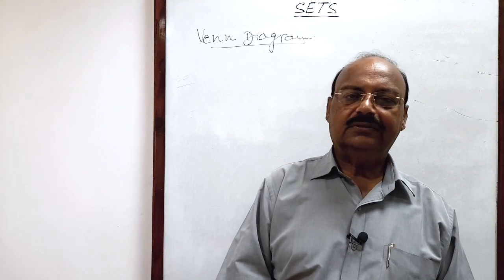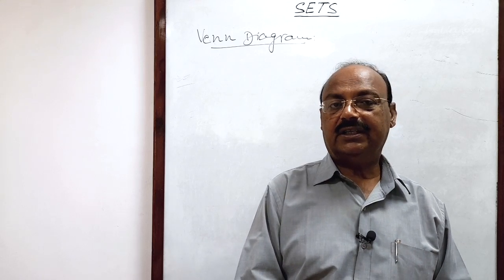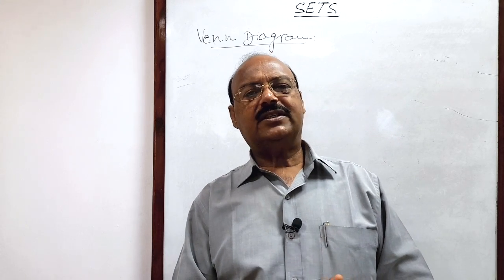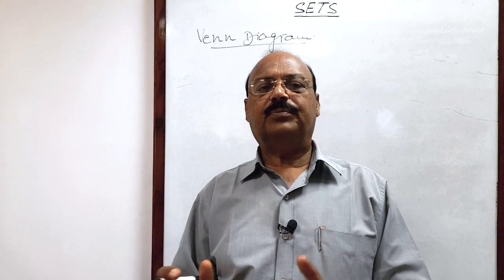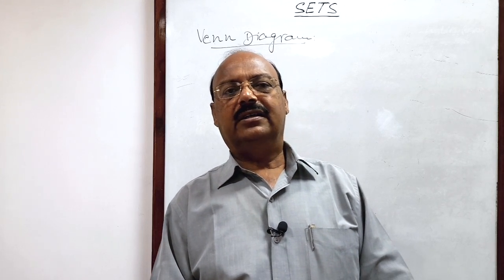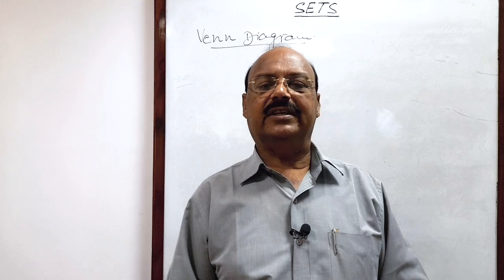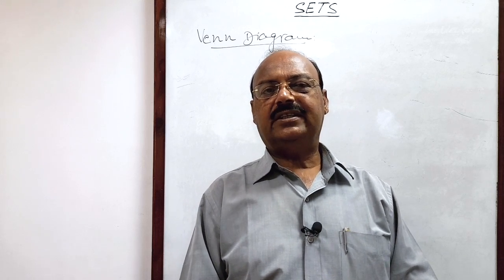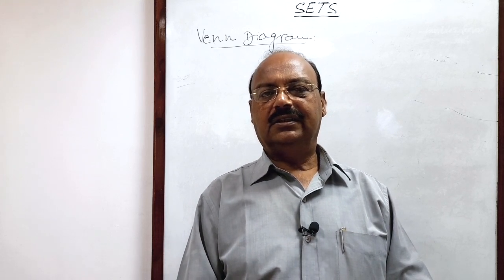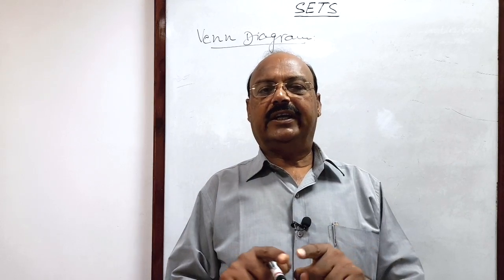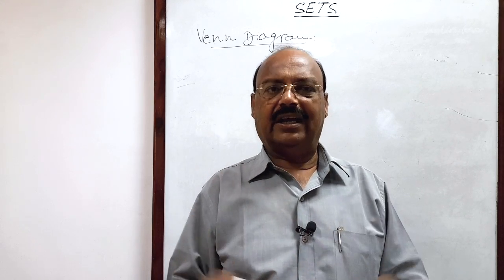So we know universal set is a superset of other sets in that particular context, and superset is the biggest set, and this superset is denoted by a closed diagram, most preferably a rectangle.